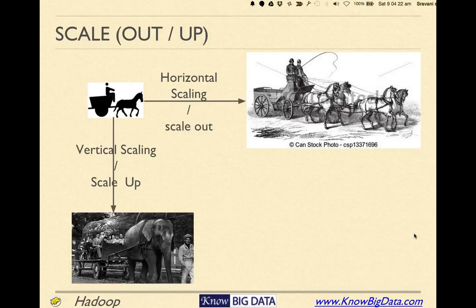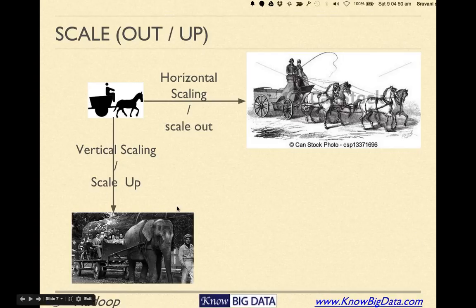But if you have figured out how to scale out, then no matter what load you want to carry, you can always scale out. So instead of waiting for some elephant to grow even bigger, you figure out how to utilize existing horses to get your work done. That is scaling out.